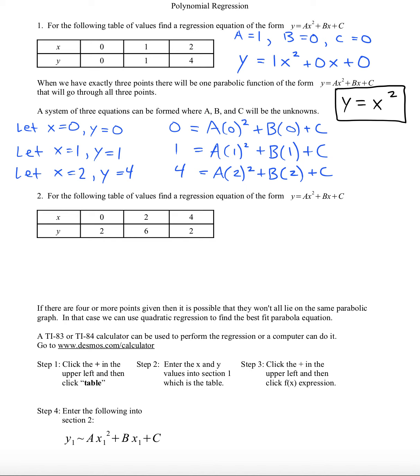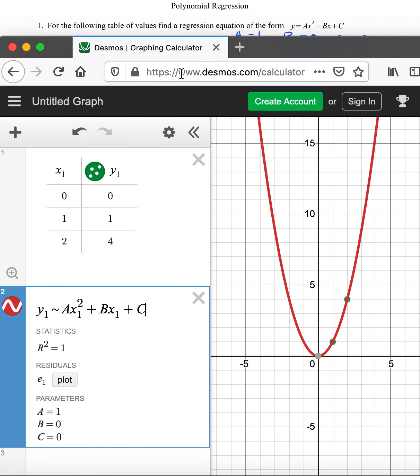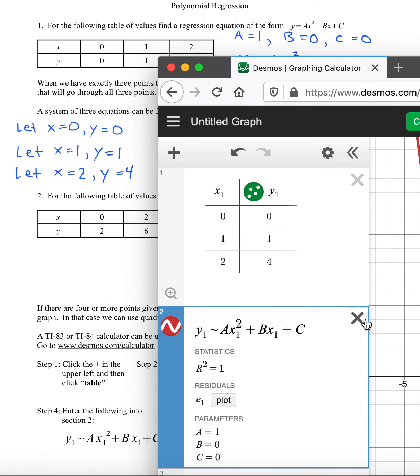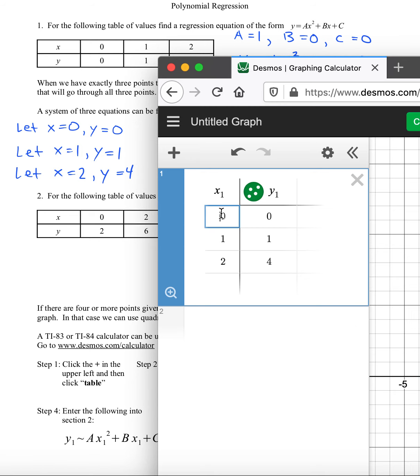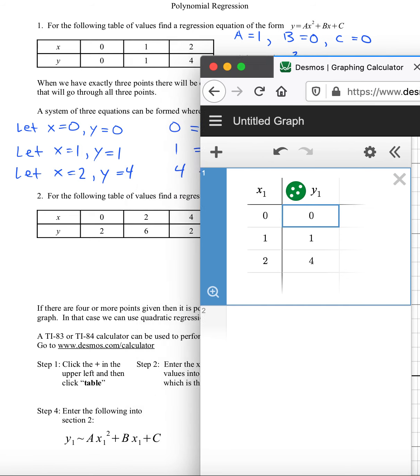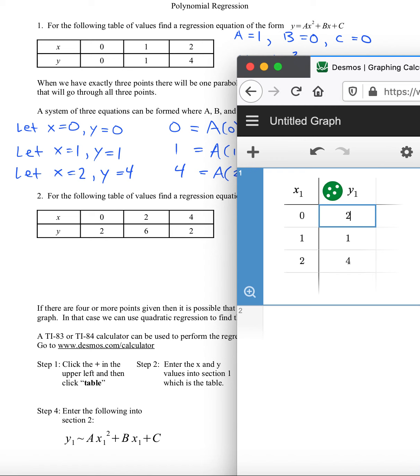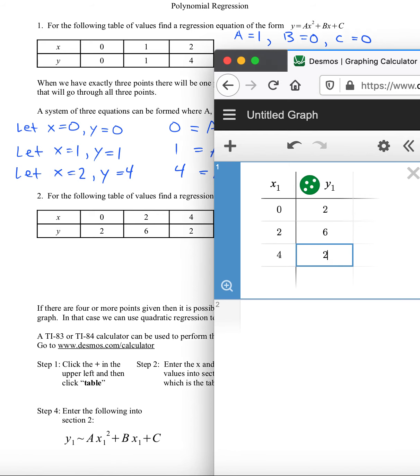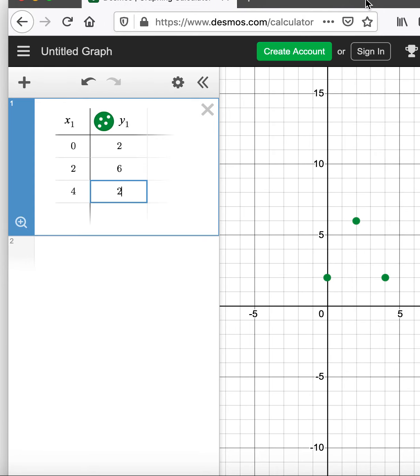Let's use technology to do the next one. We'll have to change our points. We need 0, 2, 2, 6, and 4, 2. All right, let's use regression to get the best fit curve.